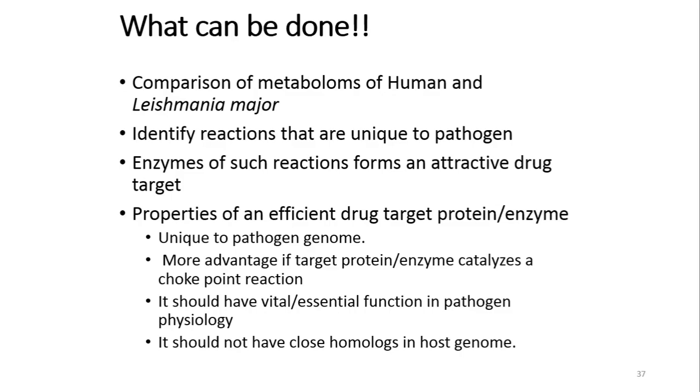You should also make sure that whatever protein or enzyme you select as a drug target should be vital, or you can say it should have a very essential function in pathogen physiology. And finally, whatever drug target you select, it should not have a close homologue in the host genome. That is, the very first criterion was uniqueness. That means the same protein should not be present in both organisms. And the fourth criterion is about homologue.